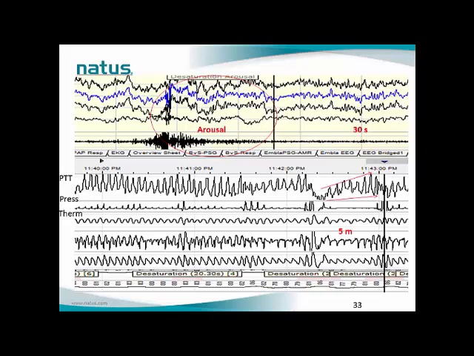This is also supported by the PTT signal that shows a correlated dip in the amplitude as a sign of an arousal. Furthermore, it increases till the event is terminated. This fashion supports the diagnosis of obstructive pathology.